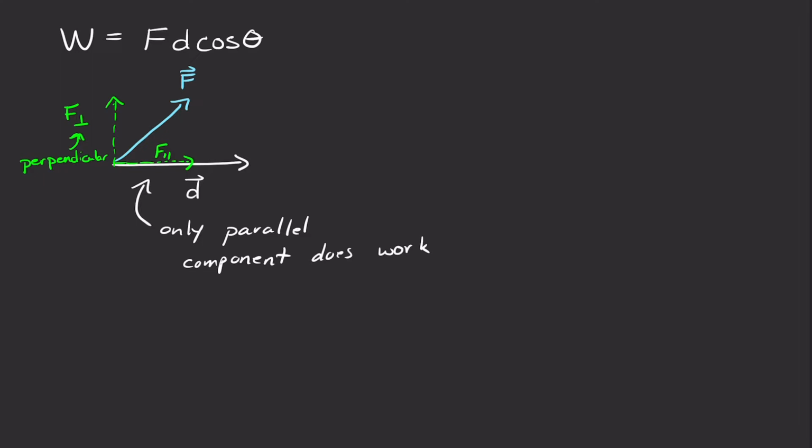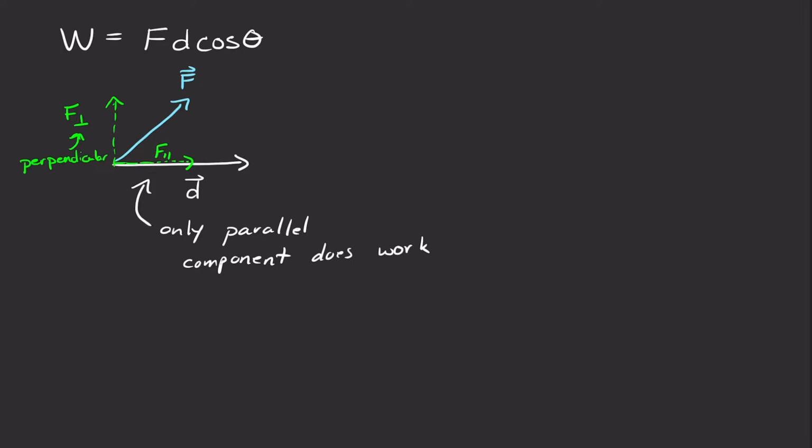So any component of this force that's trying to push it up or down, or perpendicular, really isn't doing anything because it's not making it actually speed up in the positive y direction or the negative y direction the way I've drawn it. So it's only going to be able to speed up or change its energy in the direction of its displacement. So only the force that's parallel to this displacement can do any work.